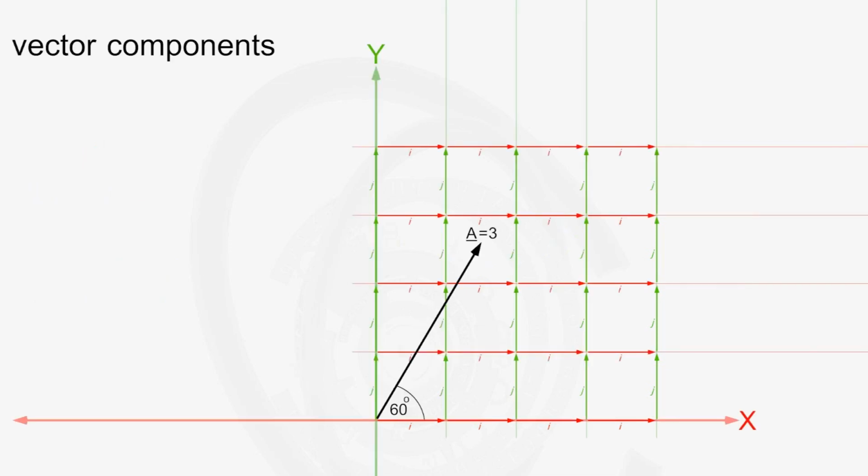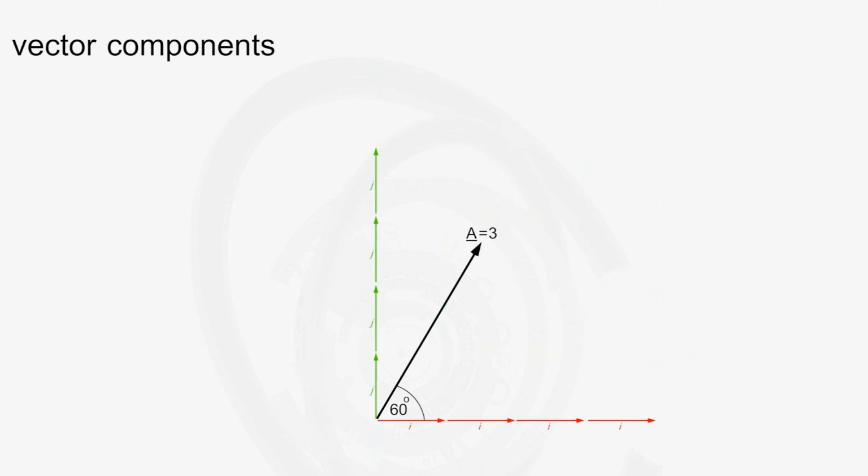Vector components are the components projected onto the x-axis and y-axis. Look at this vector for instance. Knowing the angles that this vector makes with the x and y-axis, we can employ the projection formula to know these components.